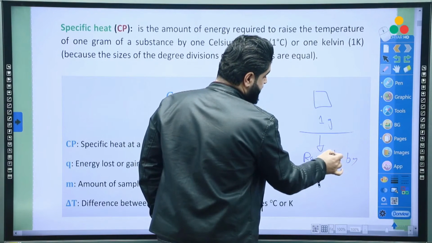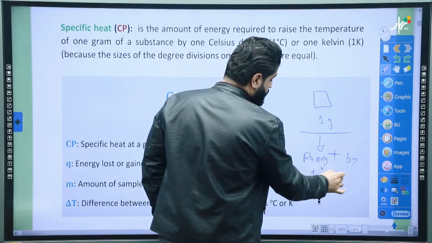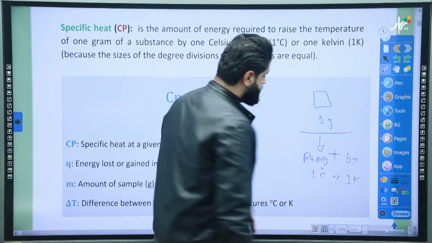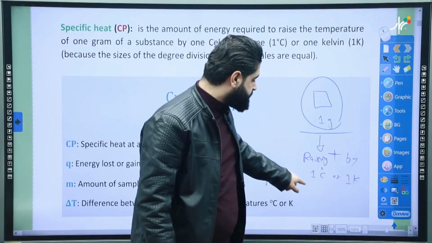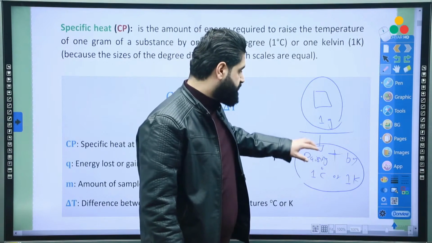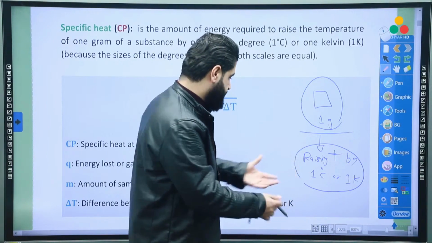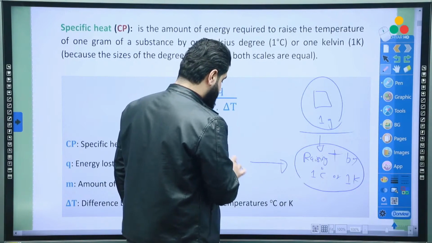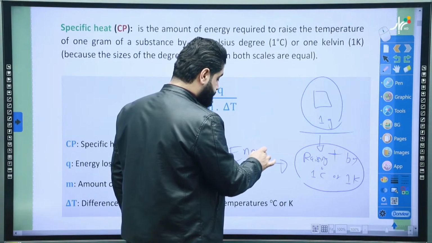We have 1 gram of sample, and for that purpose, we need energy. So we have to give it energy.